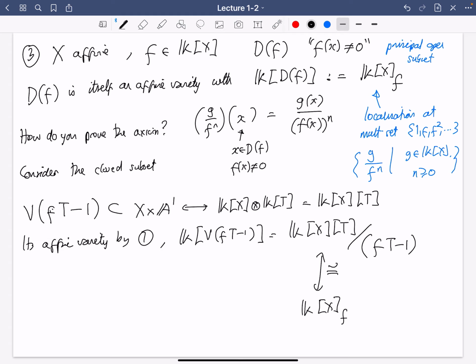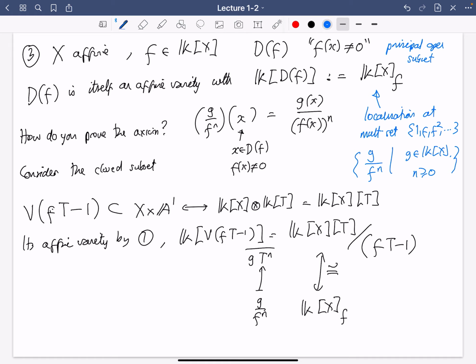And this isomorphism takes g over f to the n to gt to the n, well, I guess the canonical image of that in the quotient.